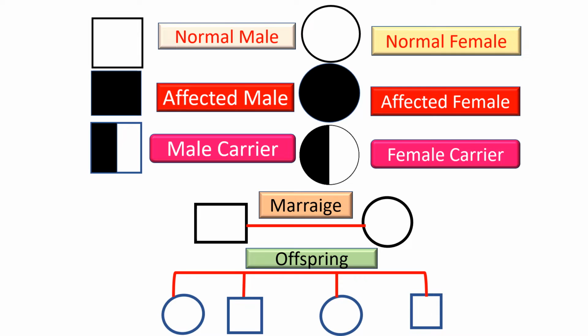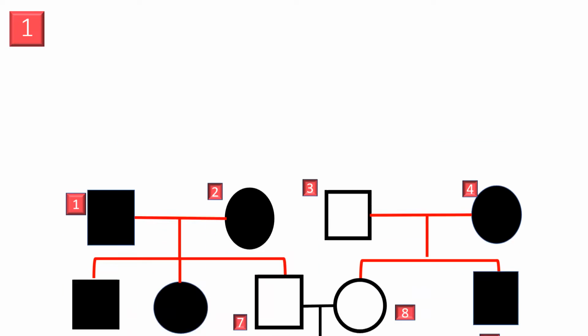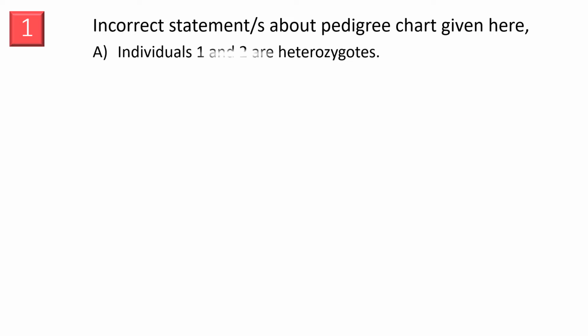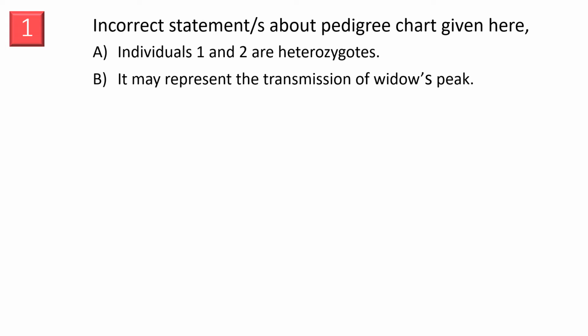Let's do some questions to realize how features are inherited along generations with the help of some pedigree charts. Incorrect statement or statements about the pedigree chart given here. A. Individuals 1 and 2 are heterozygotes. B. It may represent the transmission of widow's peak.